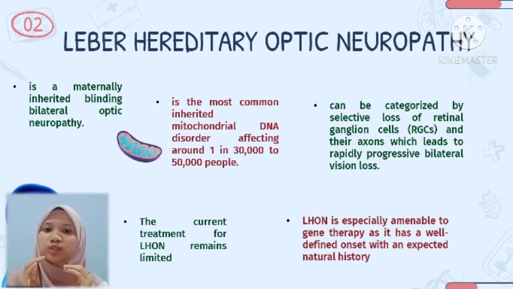The pathophysiology of LHON is characterized by selective loss of retinal ganglion cells (RGCs) and their axons, which leads to rapidly progressive bilateral vision loss.